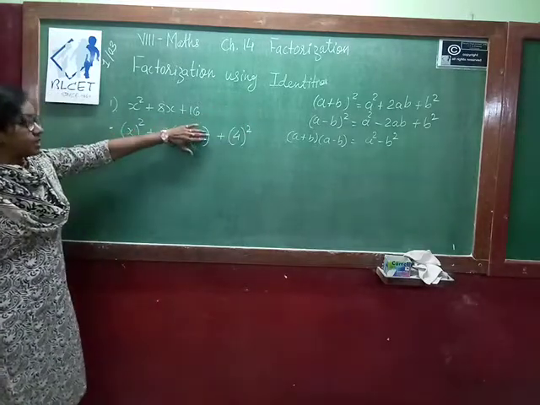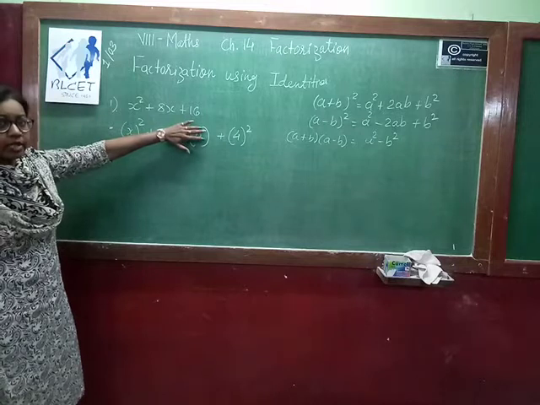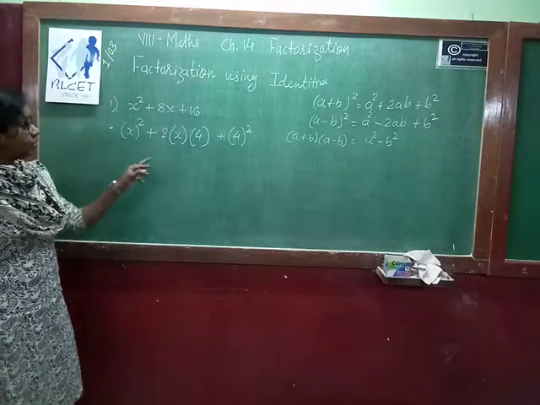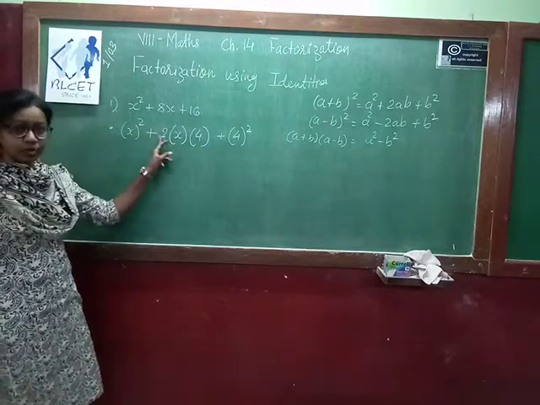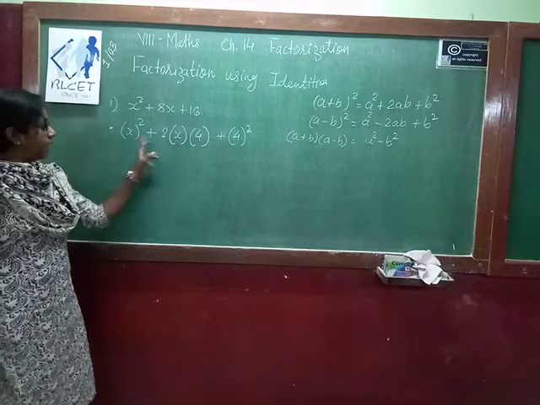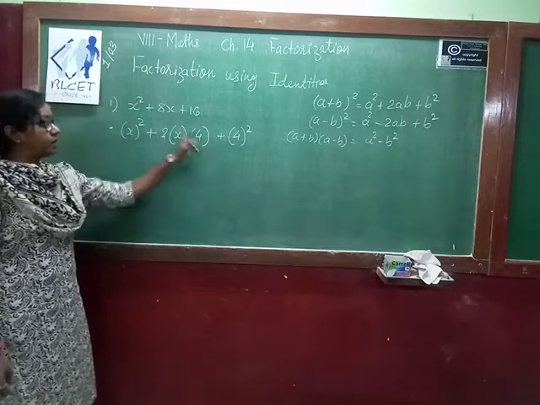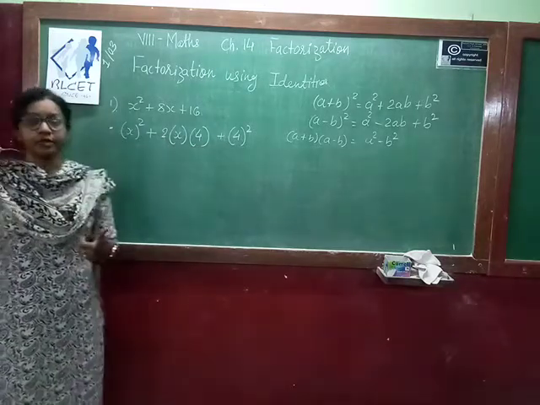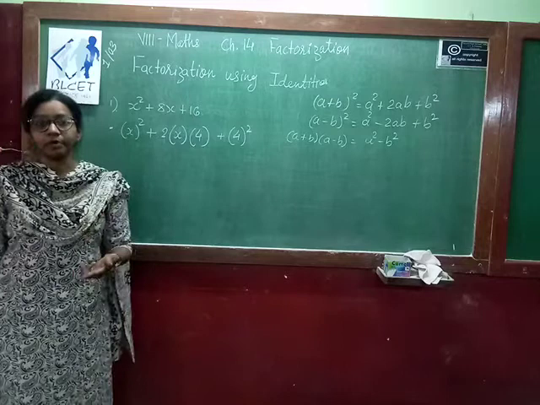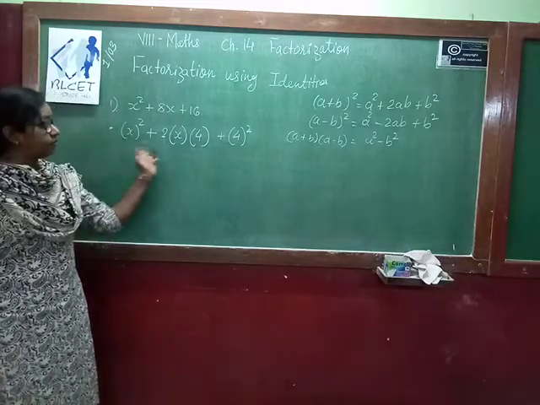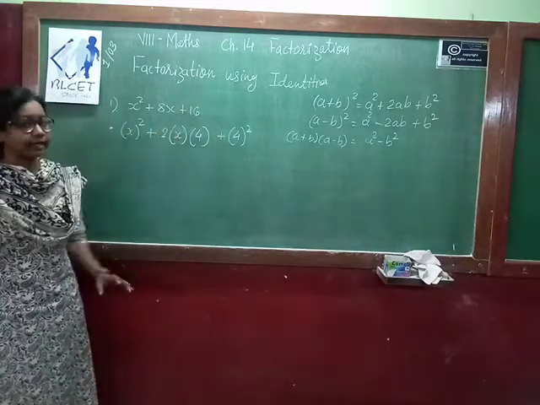If we don't know what is to be there in the middle term, leave it as it is. Then you keep your first term in one bracket and your last term in the second bracket. So this is your middle term. You should know the first and last term should always be perfect squares, and only then can you use the identities.